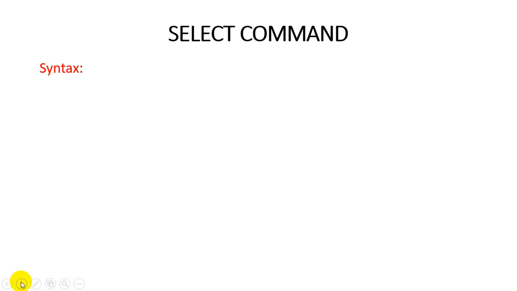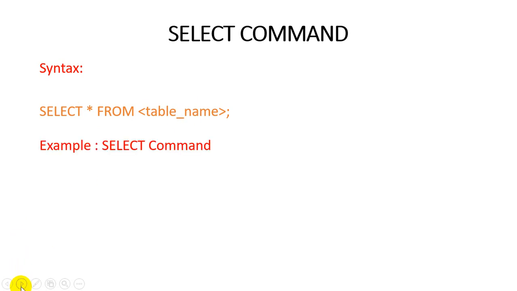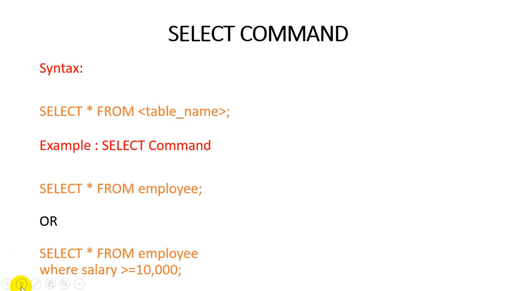Now how does it work? First we understand the syntax of select. Select star means we can retrieve all the columns of a particular table, so star mentions all the columns, along with the table name. For example, select star from employee means we retrieve all the columns of the employee table.